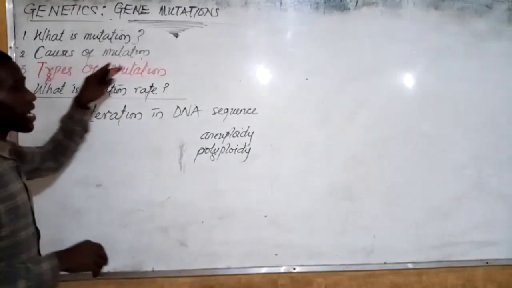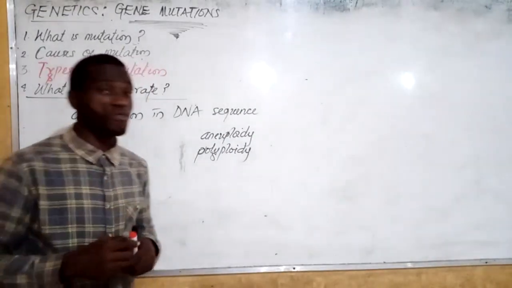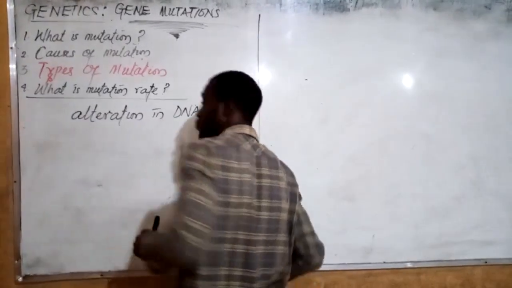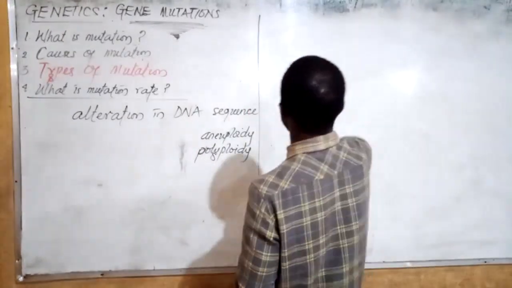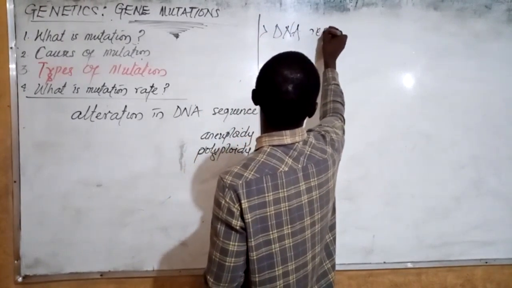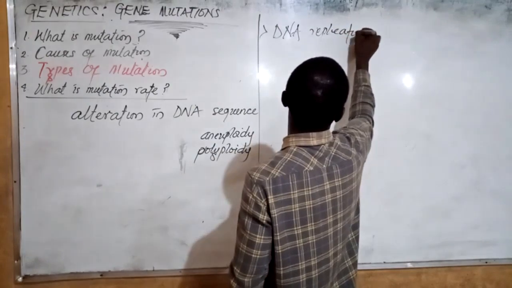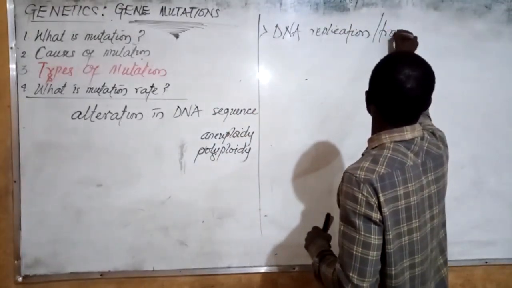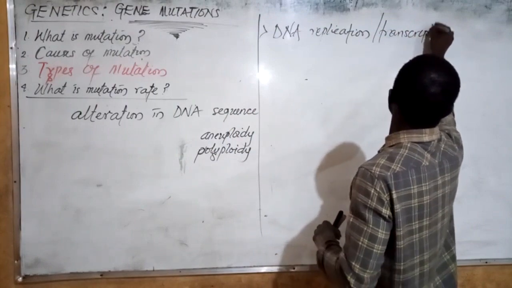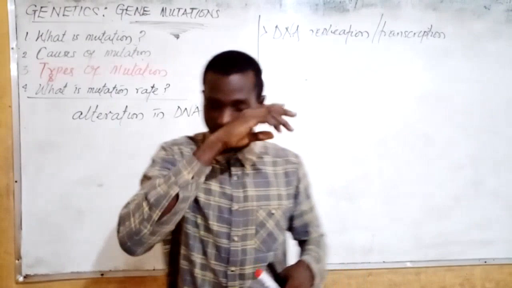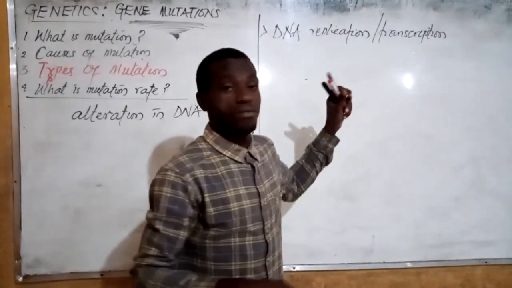The causes of mutation could be the pre-cell division stages, such as DNA replication, or even transcription. So if transcription or replication is done wrongly or with mistakes, then it is mutation.